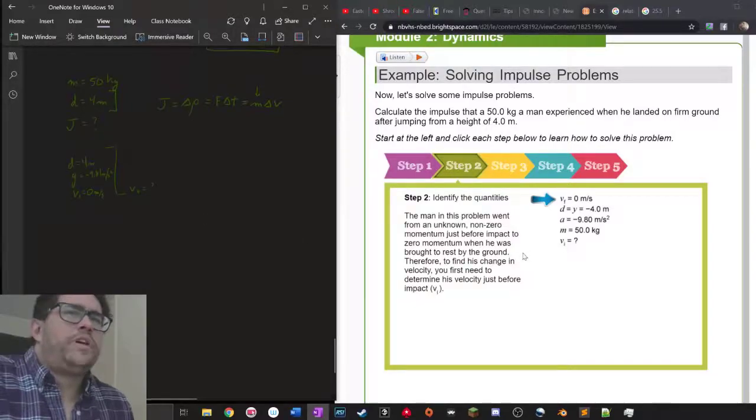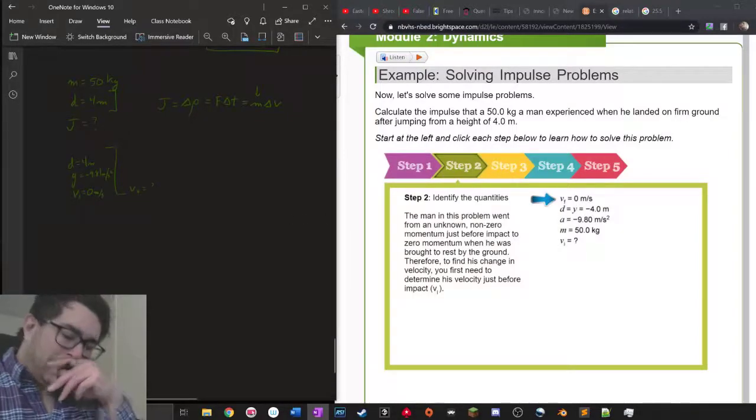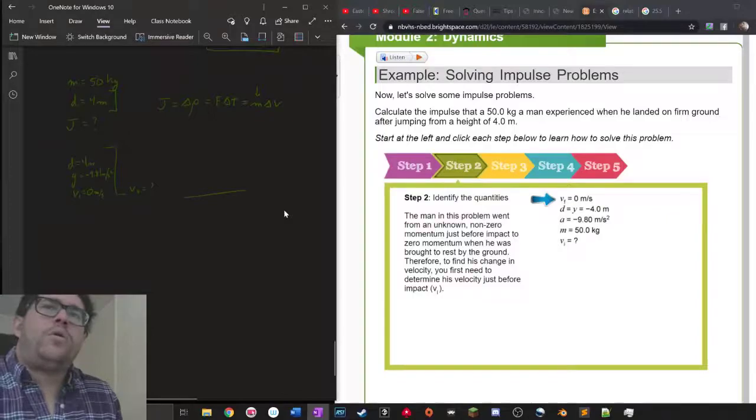So why do they want to find Vf? Okay, so basically they're saying that now on the floor, like the egg, the man's foot, V1 is what I'm trying to route, because V2 is... so this is going to be the impulse problem.